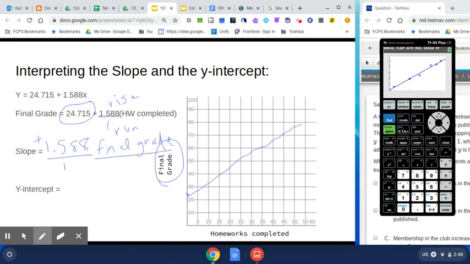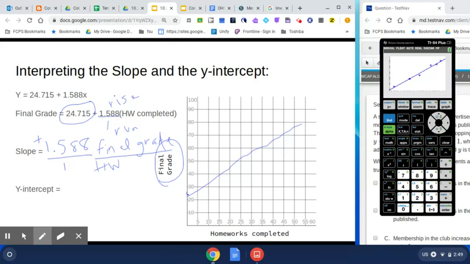The run is representing the homeworks completed. So that's an increase of final grade of 1.588% for every 1 homework completed. I would want to make that into a sentence, which I'm going to show you in the very next slide. Let's talk about the y-intercept for a minute.